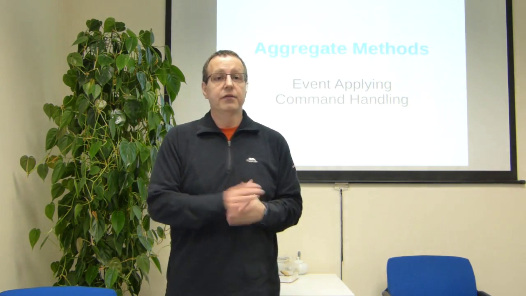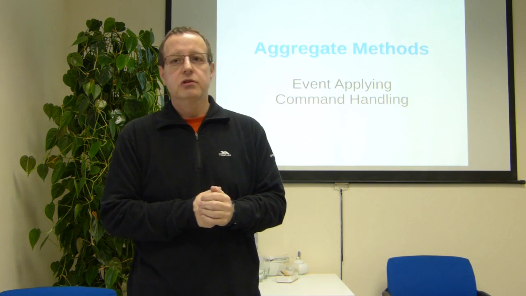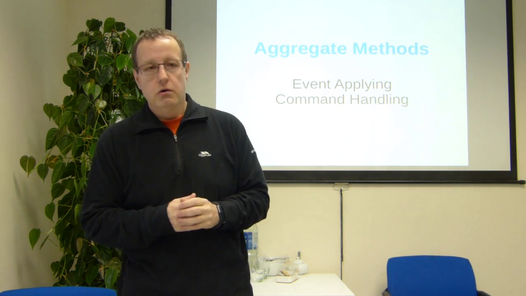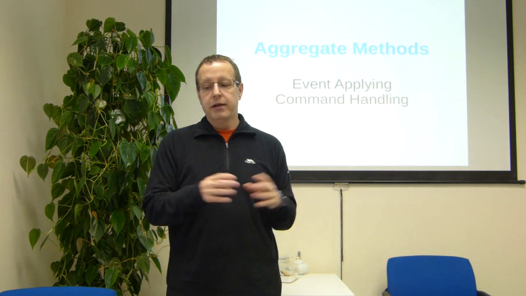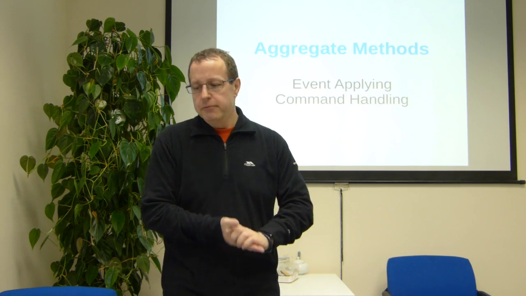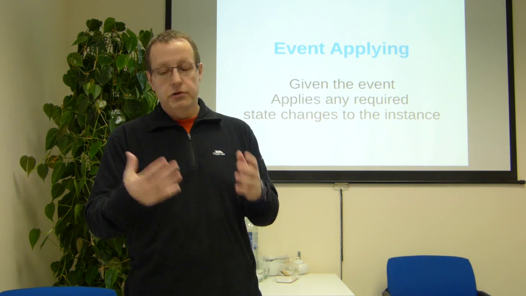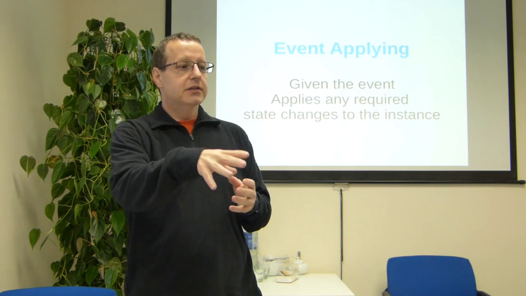So alongside state, you have a collection of methods. They are broken down in an event-sourced aggregate into two different types. One for event applying, and one set for actually handling your commands. So how do they work? Well, the event applying ones are given a historic event, one that's happened. Please apply whatever state change we need in our aggregate, based on what that event told us happened.